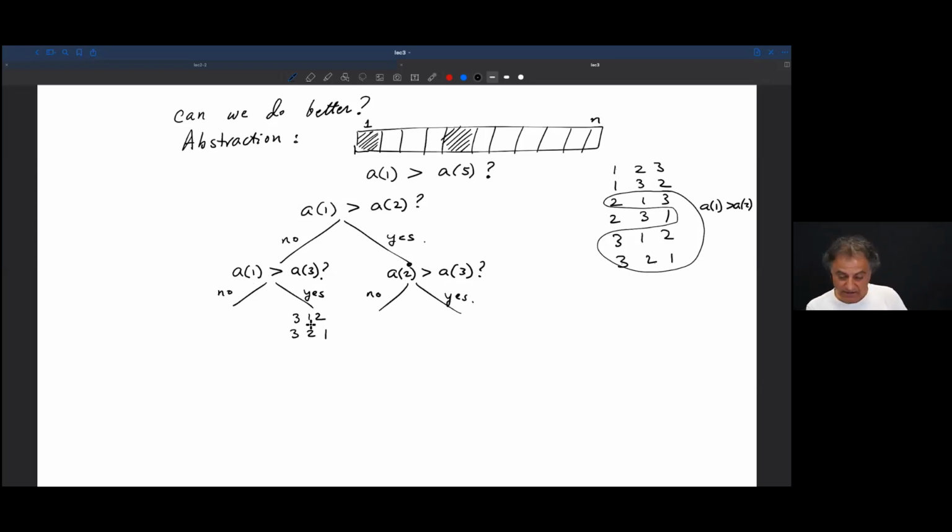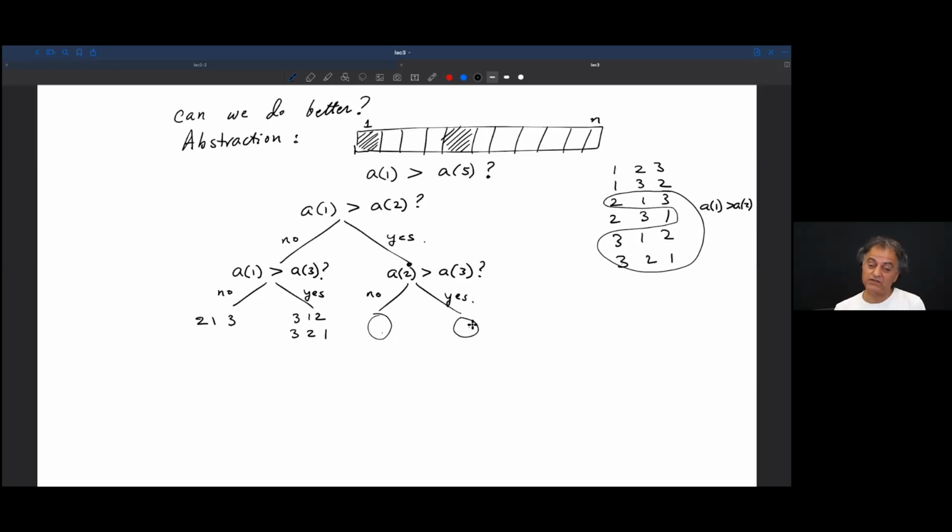Yes, A1 is bigger than A3, and 2, 1, 3 will end up here, where A1 is smaller than A3. And same thing over here. Two of the remaining will end up in one of these, and one will end up in the other one. So now, is this a good sorting algorithm, what we've just written out?